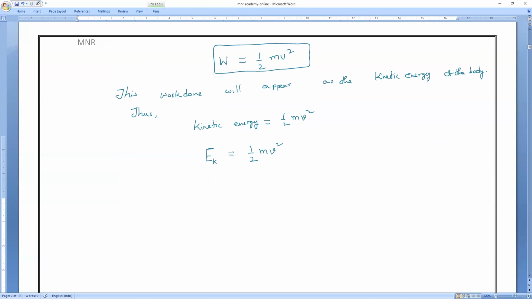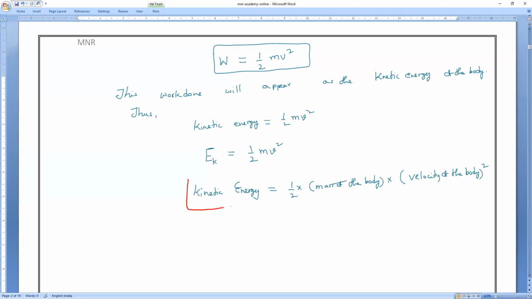So kinetic energy is equal to half into mass of the body into square of velocity of the body. Clear, everyone?